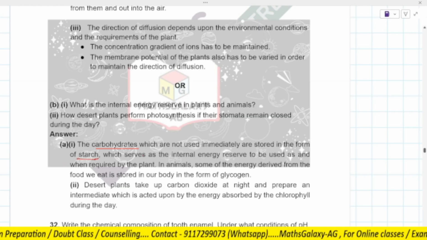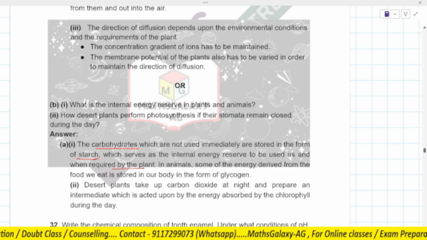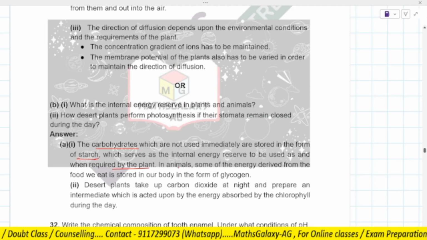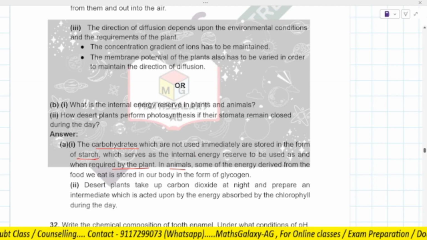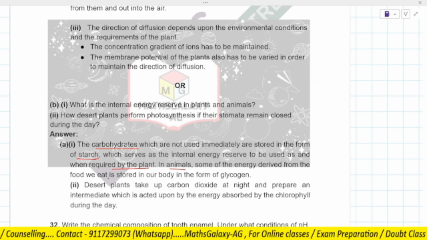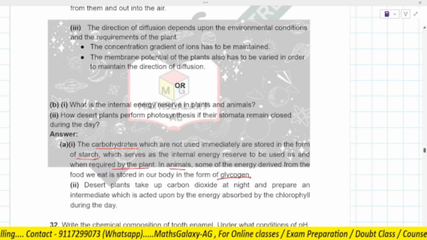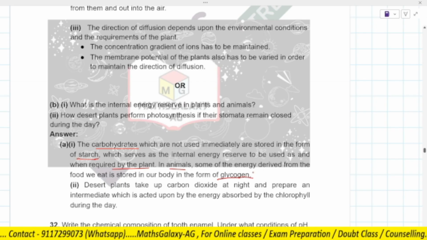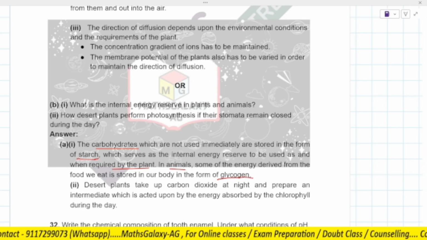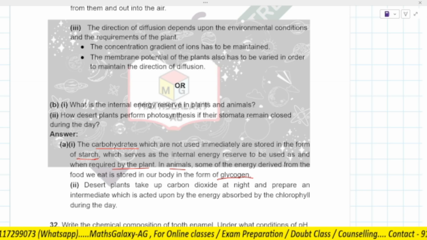Which serves as the internal energy reserve to be used when required by the plant. And in animals, energy derived from food is stored in our body in the form of glycogen. Yes, okay.